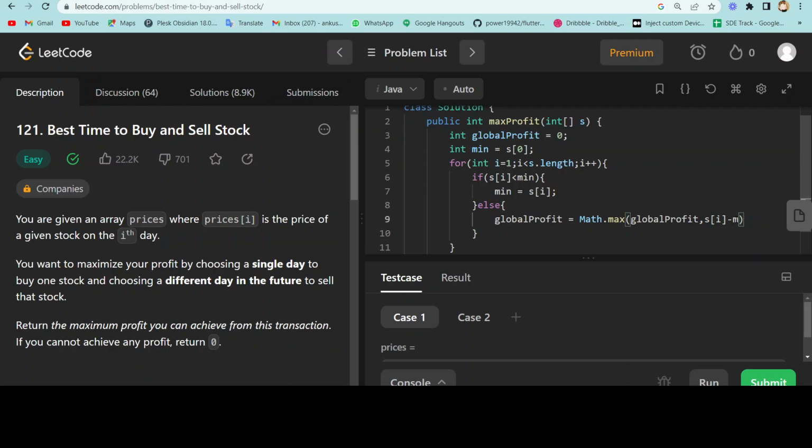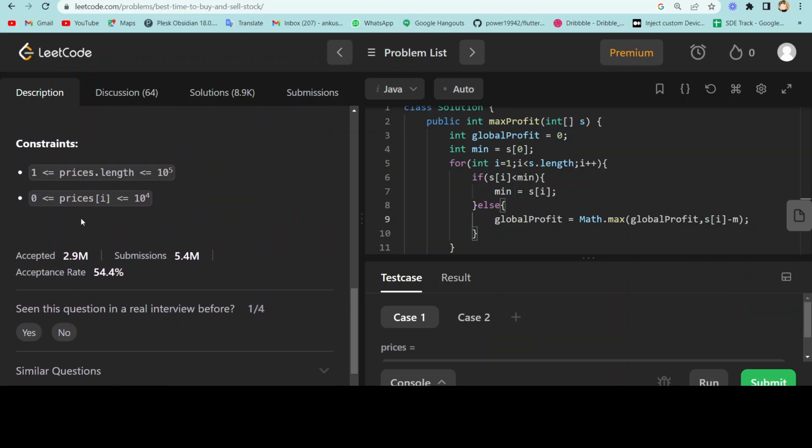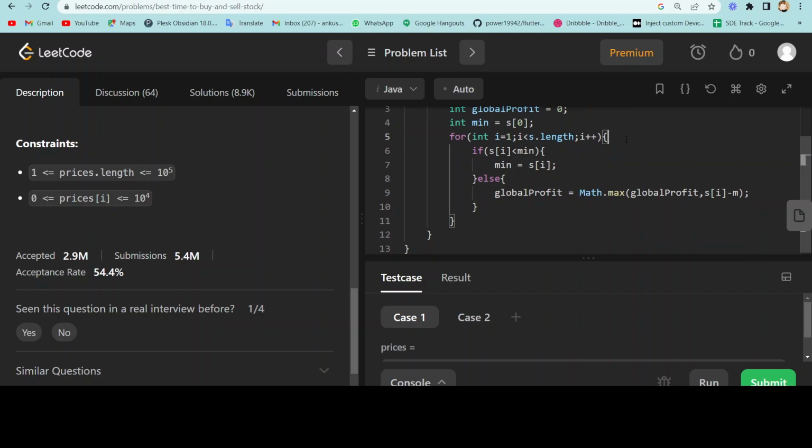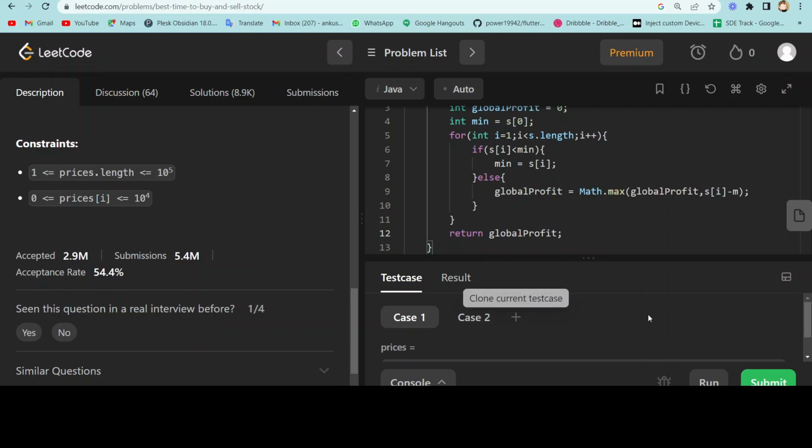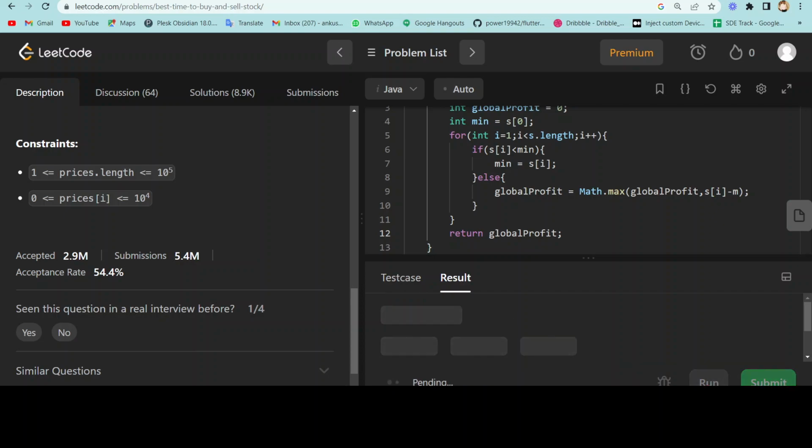Whatever value we are having, it would be either greater than or equal to my minimum. So I will update the global profit if that difference is greater than my current global profit, right? Let me check the constraints: it's at least 1, so we don't need that check for a null array or empty size array. And we should return global profit, right? Try to run this. Hope I'm not making a typo.